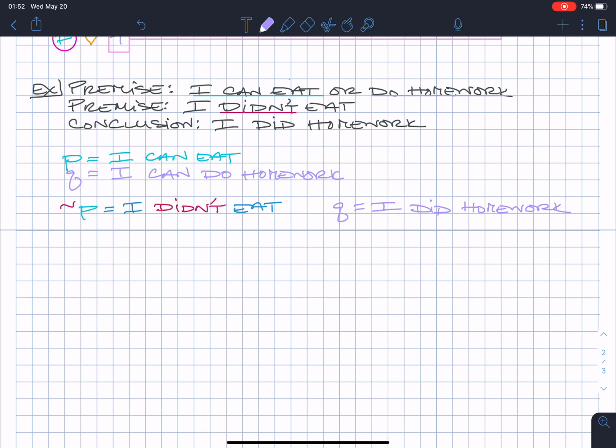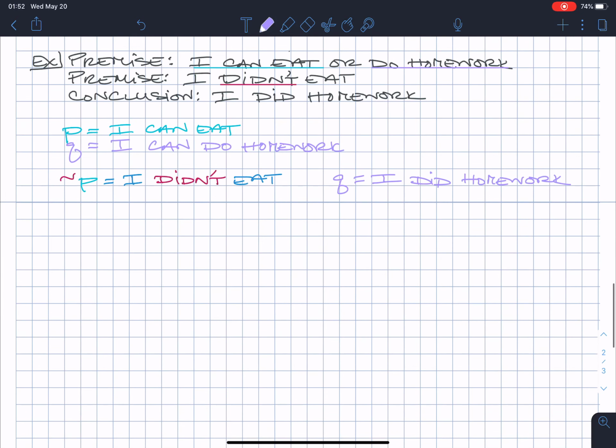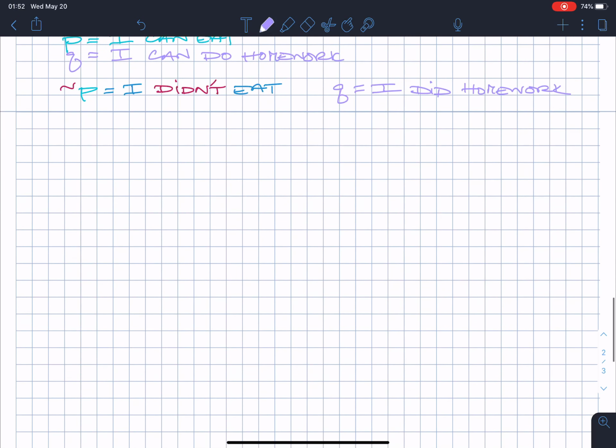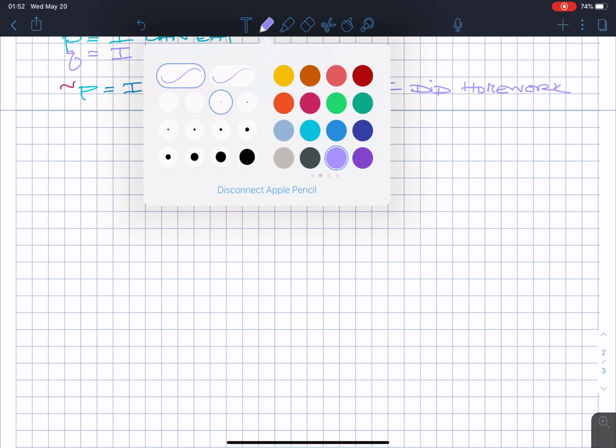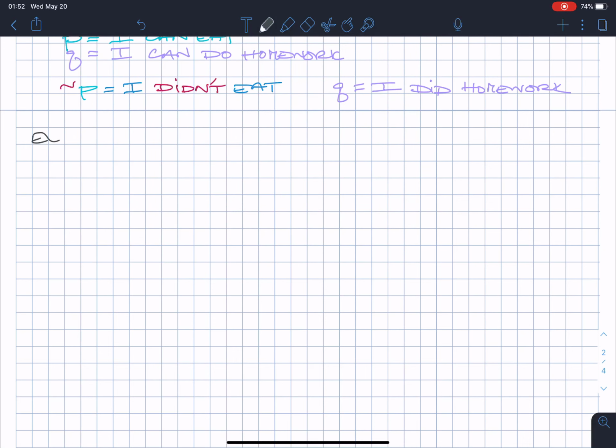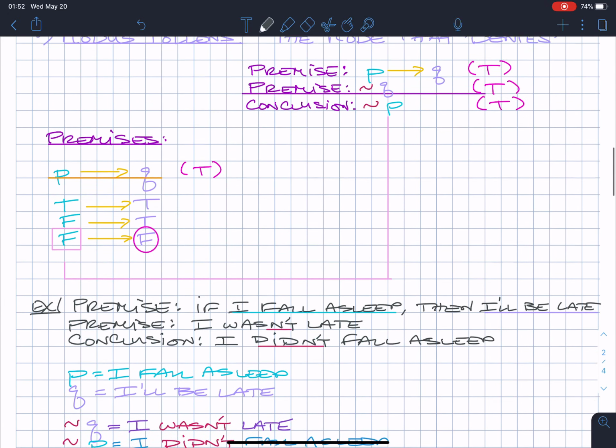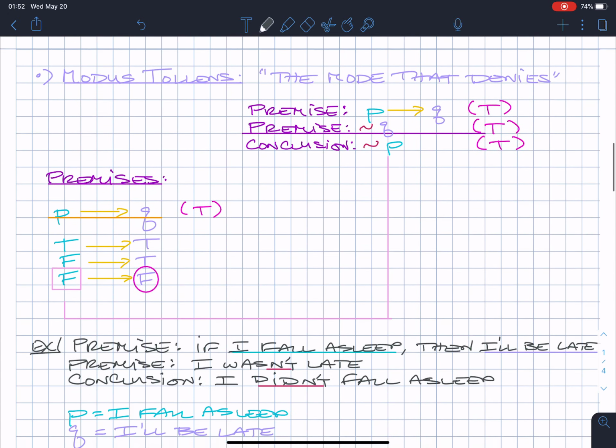So now let's do truth tables for a couple more things before we go. And they're known as De Morgan's laws. So, example. Now we're going away from the types of valid arguments.